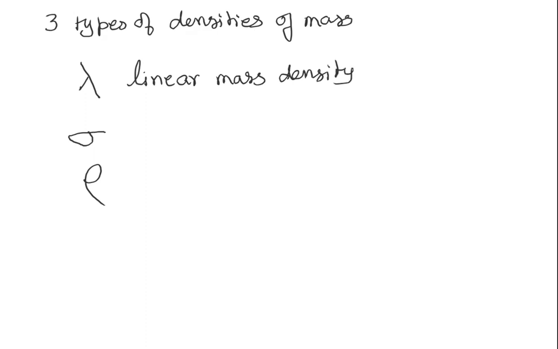Supposing I take a kilogram of paint or 2 kilograms of paint and I paint it over a very thin wire. And then if I cut 1 meter of the wire and scrape the paint off, that tells me the amount of paint per unit length of the wire. That is called the linear mass density, equal to mass upon length.